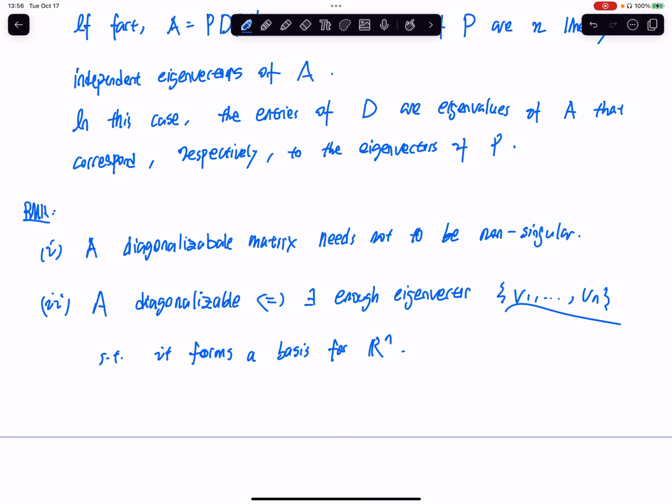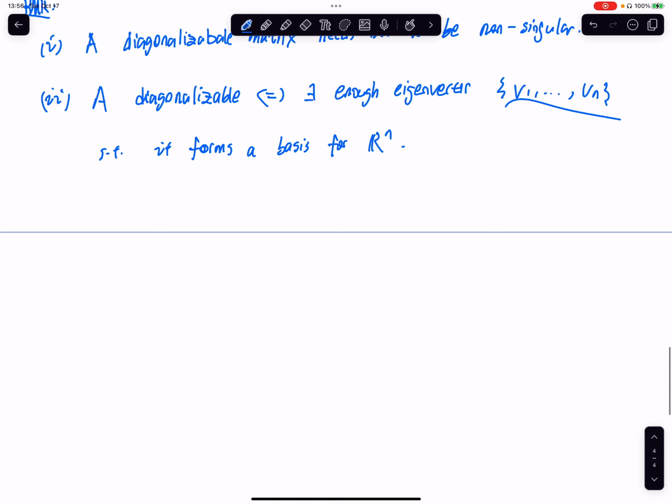So yes, the relationship between the column space and the eigenvector space can be somewhat confusing. And now we use a very elegant interpretation to tell the difference.